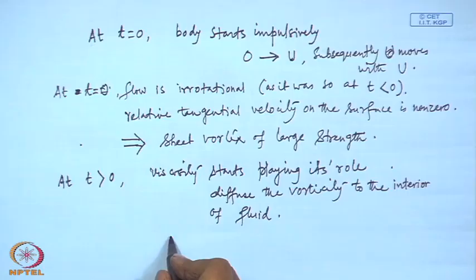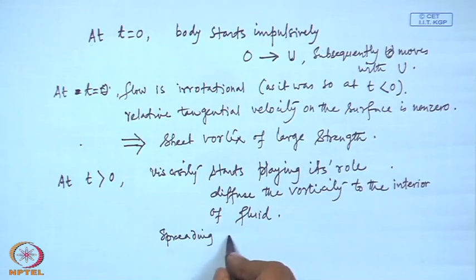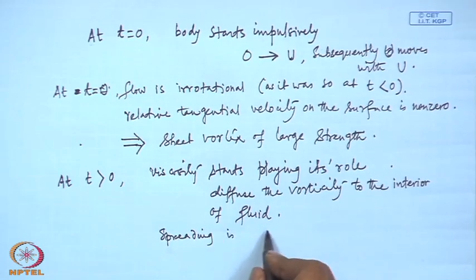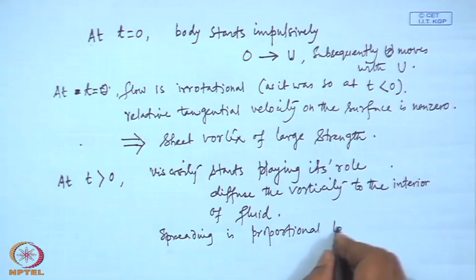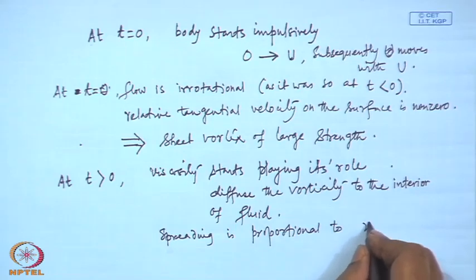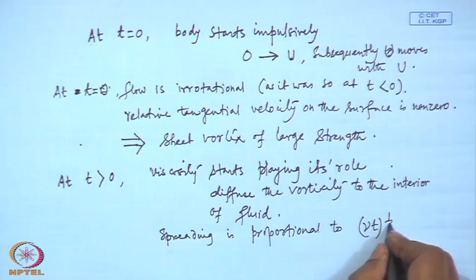Here nu is the kinematic viscosity, mu by rho, and t is the time. So, after time t, because of viscous action, the vorticity can spread up to a distance of nu t to the power half.